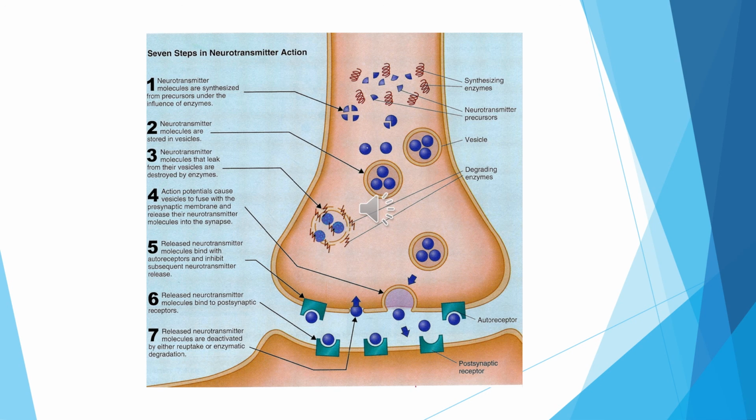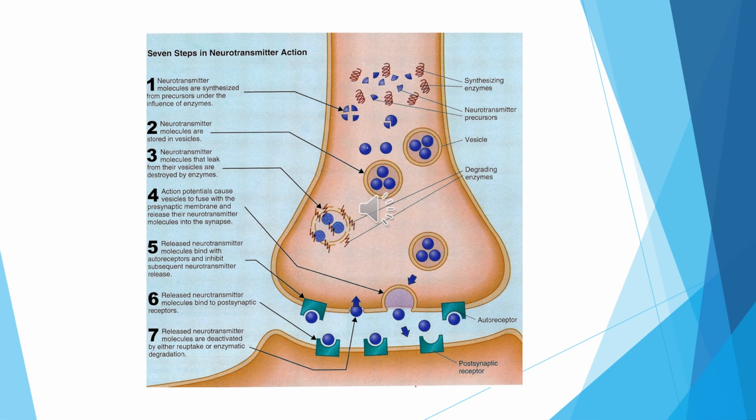So there are 7 steps. The neurotransmitter is synthesized, and then it is stored in vesicle sacs, and then some of those will be leaking out and destroyed by various enzymes. But then number 4, action potentials, will cause the vesicle sac to fuse with the membrane and open up and release the neurotransmitter into the synaptic cleft, which is number 5 on the left. And then number 6, the released neurotransmitters will bind to either postsynaptic receptors or to presynaptic receptors.